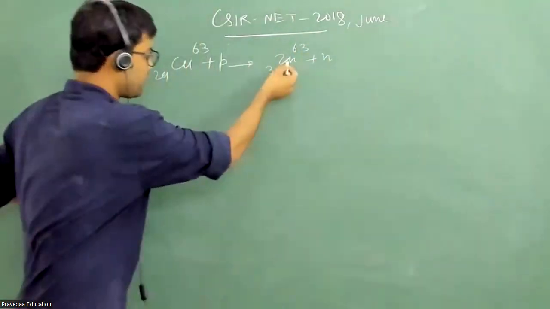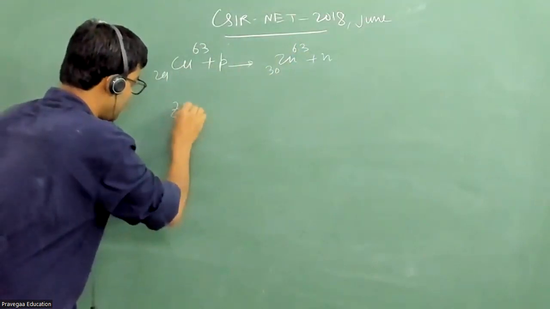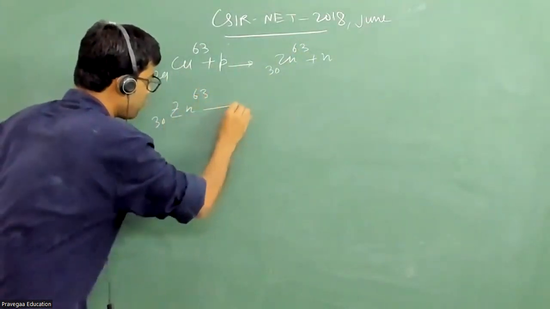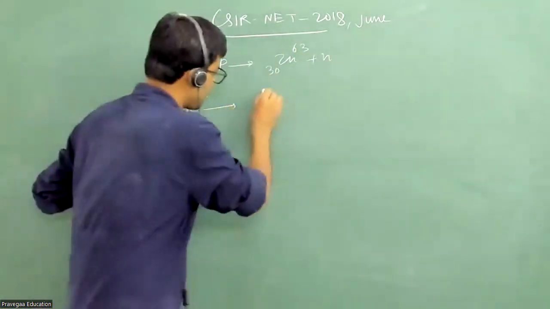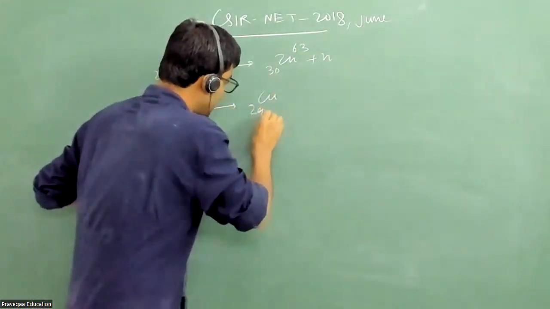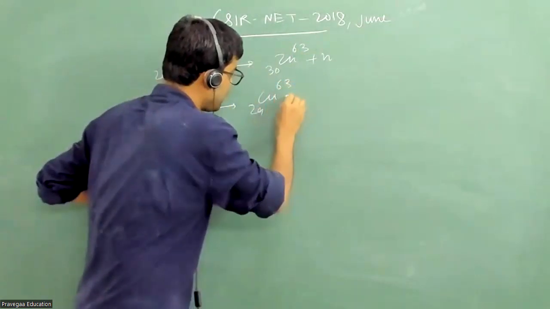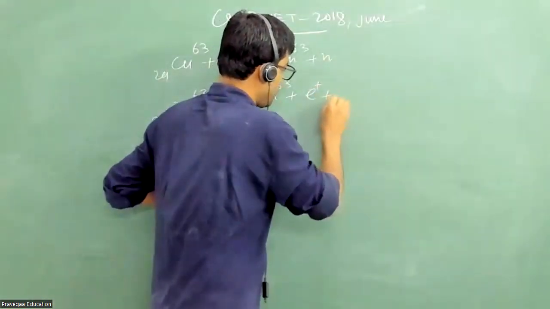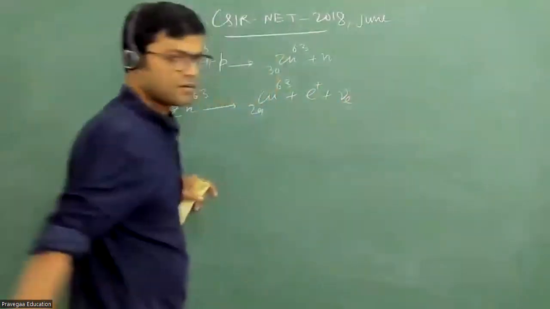And this zinc nucleus is immediately decaying to copper having atomic number 29, mass number 63 with addition of beta plus particle, and you have an additional particle that is neutrino.